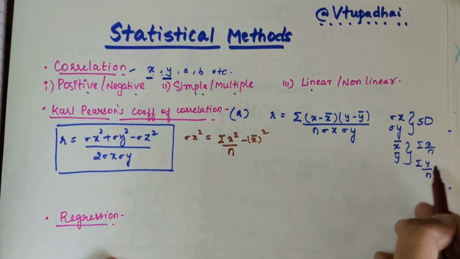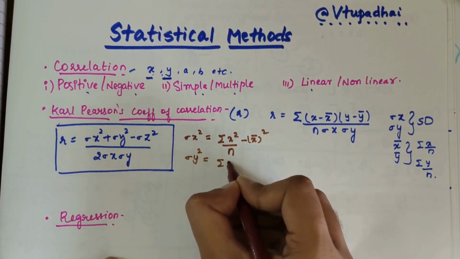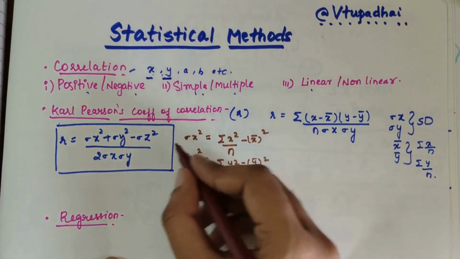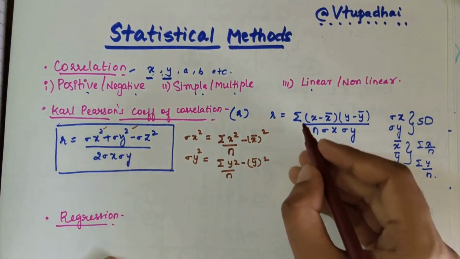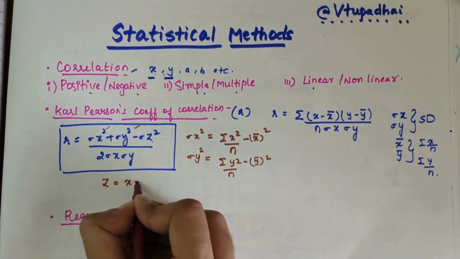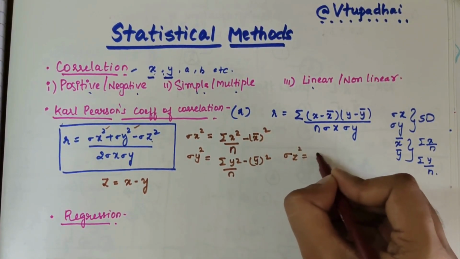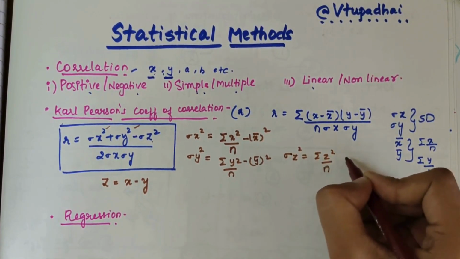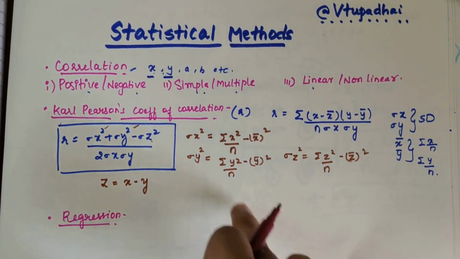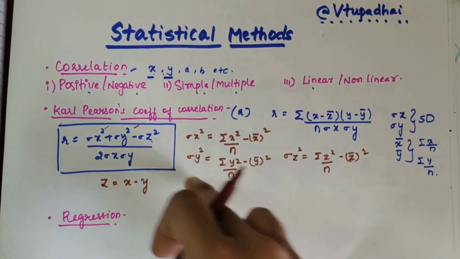The x bar value you know how to calculate from this. Now sigma y square is equal to summation of y square by n minus y bar whole square. So sigma x square is done, sigma y square is done. Now what is z? We have to remember that z is x minus y. So sigma z square is summation of z square by n minus z bar whole square. So these are the important expansions of this coefficient of correlation formula.